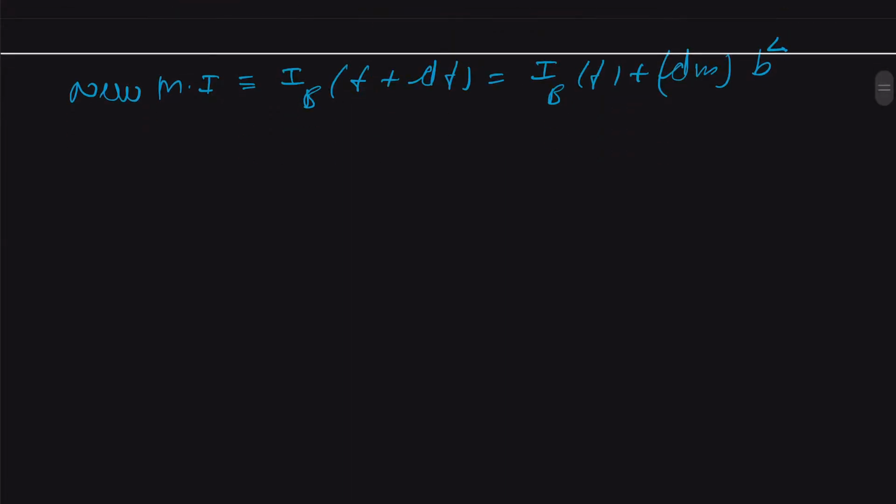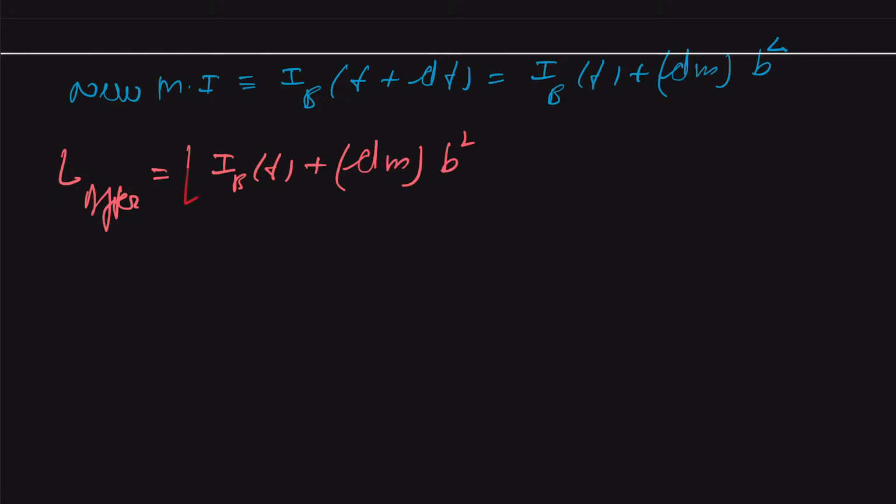Now we can just write our angular momentum after, that will be equal to IB(t) plus dm b square times omega b plus d omega b.